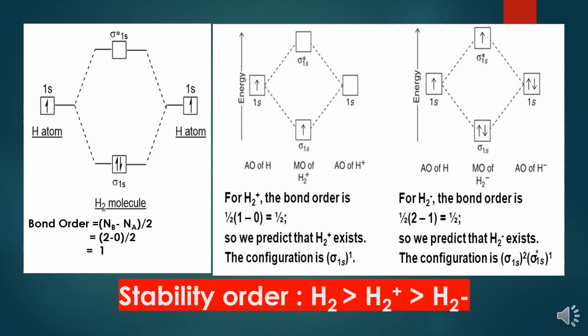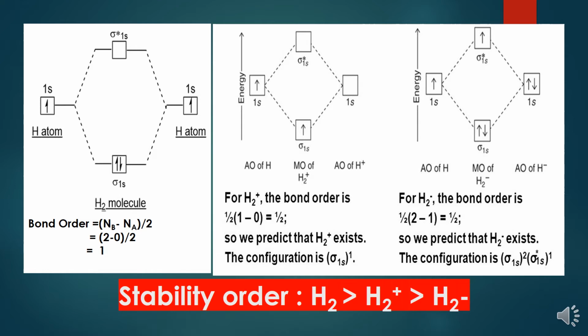Bond order can be calculated similarly as we did for H2. The bond order of H2 is 1, whereas for these cationic and anionic species, the bond order is half.